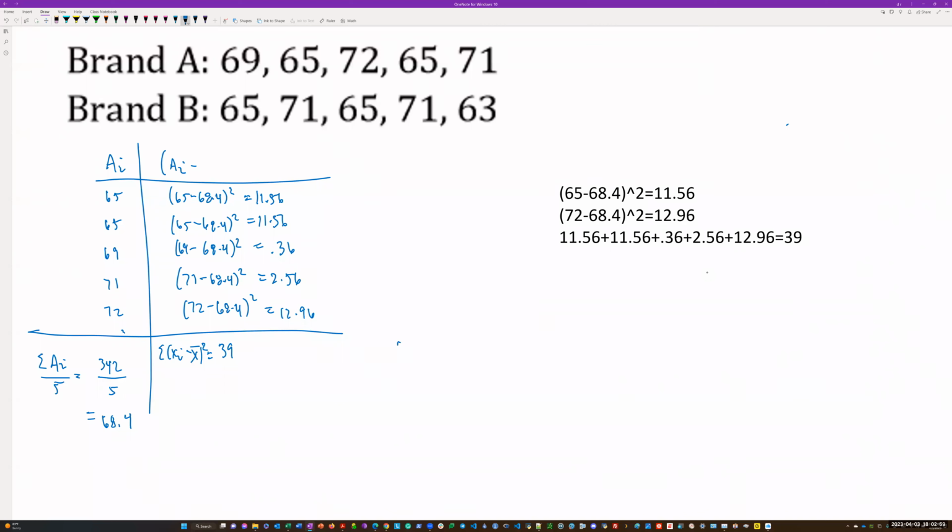So then this S is gonna equal the square root of the sum of (xi minus x bar) squared, all divided by n minus 1. What's n minus 1 in this case? This is almost 10.